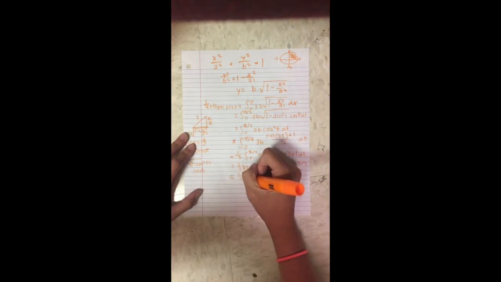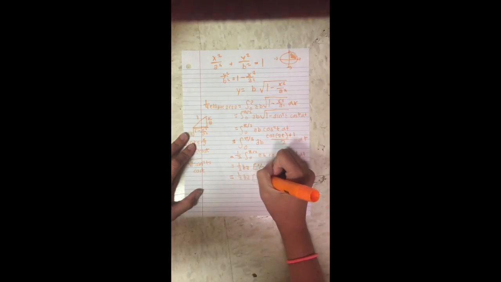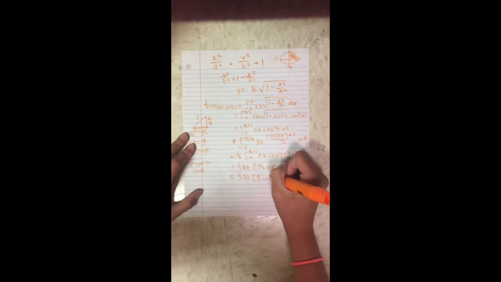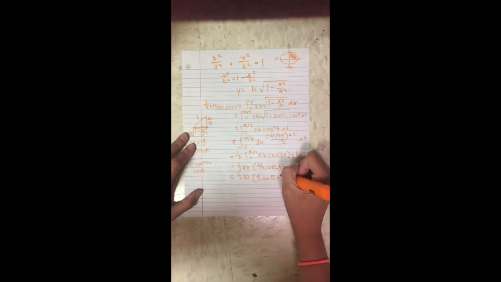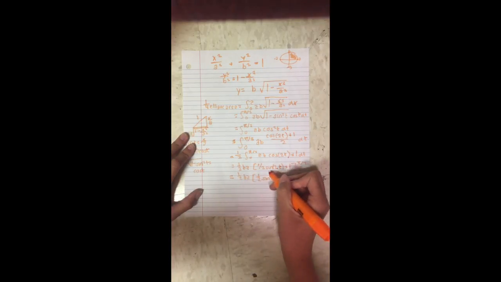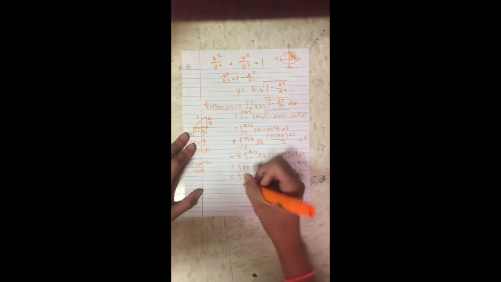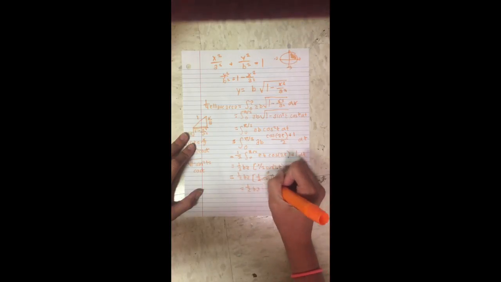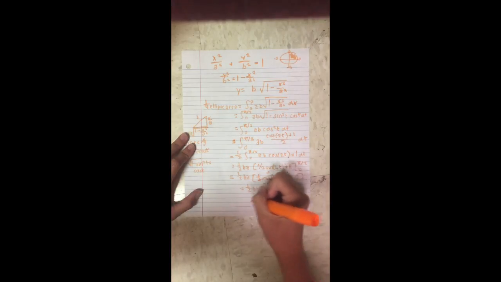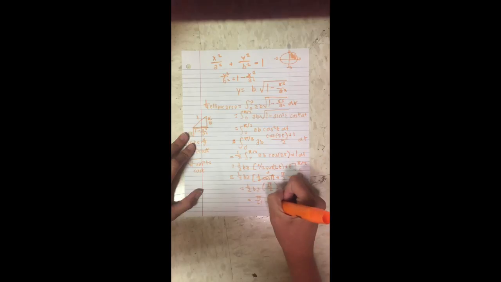Go 1/2 ba times 1/2 sine of pi plus pi over 2 minus, if you put 0 in, that just equals 0. This is going to equal 0 because sine of pi is 0. We get 1/2 ba pi over 2, and this gives us pi over 4 ba.